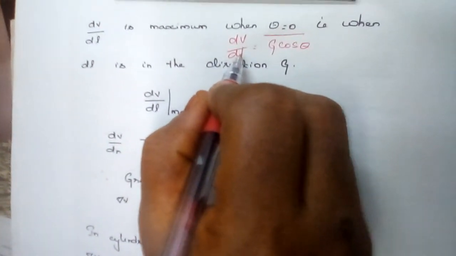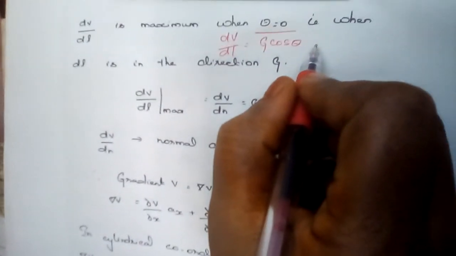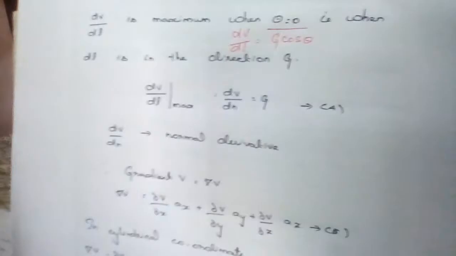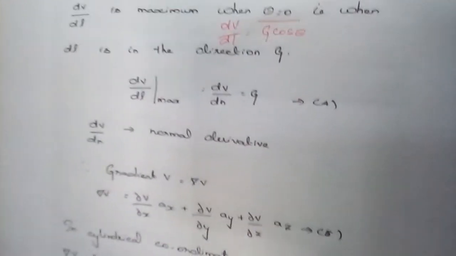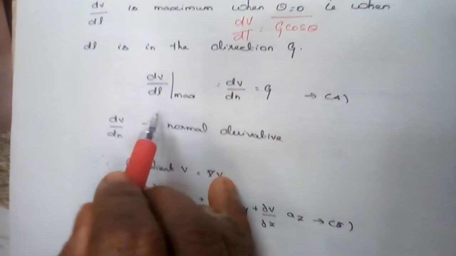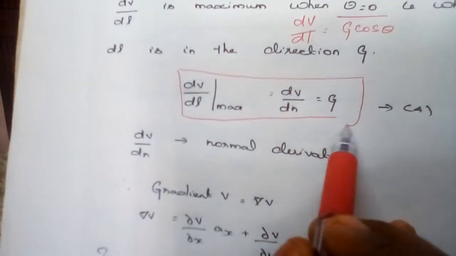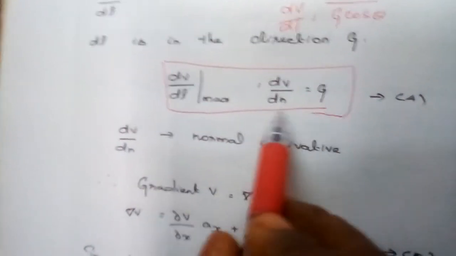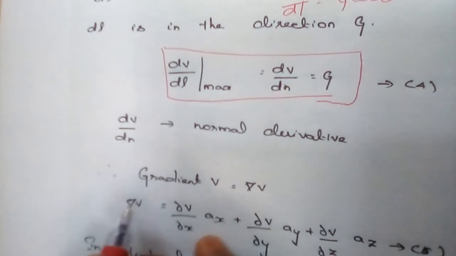Substituting theta, we have the maximum value of dV by dl in the direction of G, which is given by dV by dn, where dn is the normal derivative.